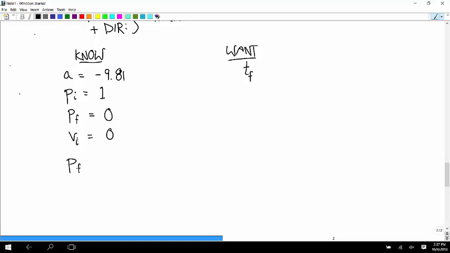And the one that works is PF is equal to PI plus VI TF plus 1/2 A TF squared.